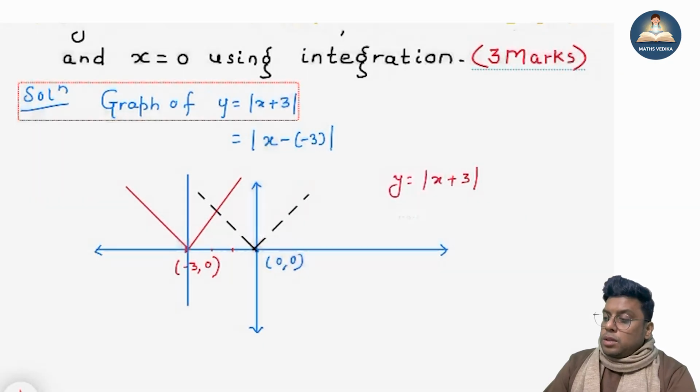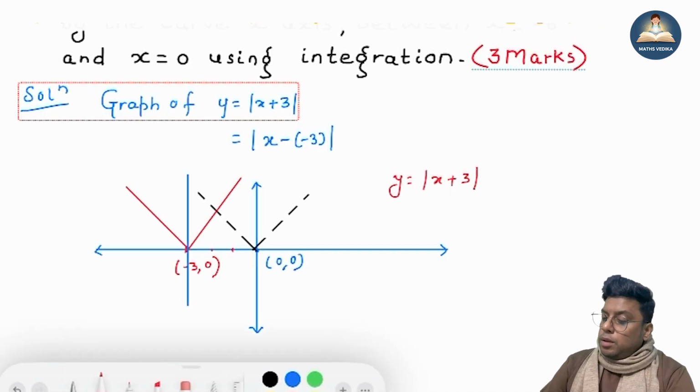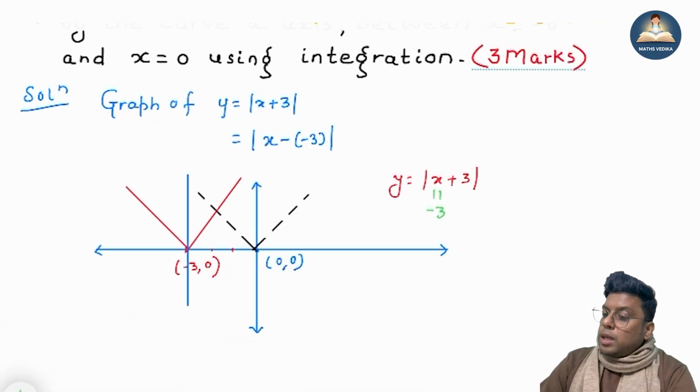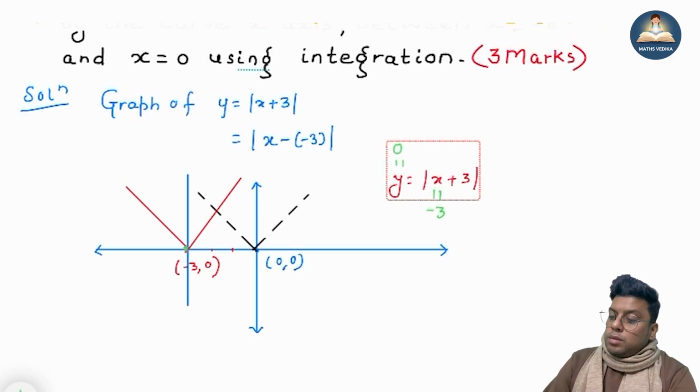We can also see that when we put the value of x = -3, the value of y will be 0. So this is the point where the graph of y = |x + 3| cuts the x-axis.